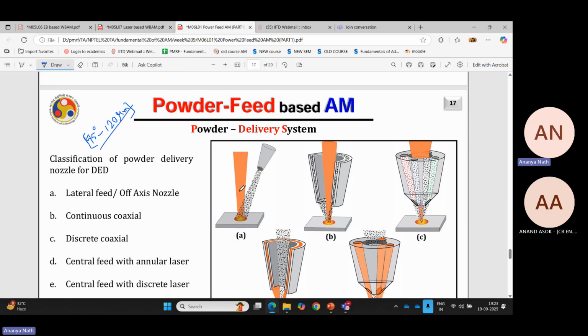Forty-five to 120 micron is the typical powder particle size distribution that we use for DED.